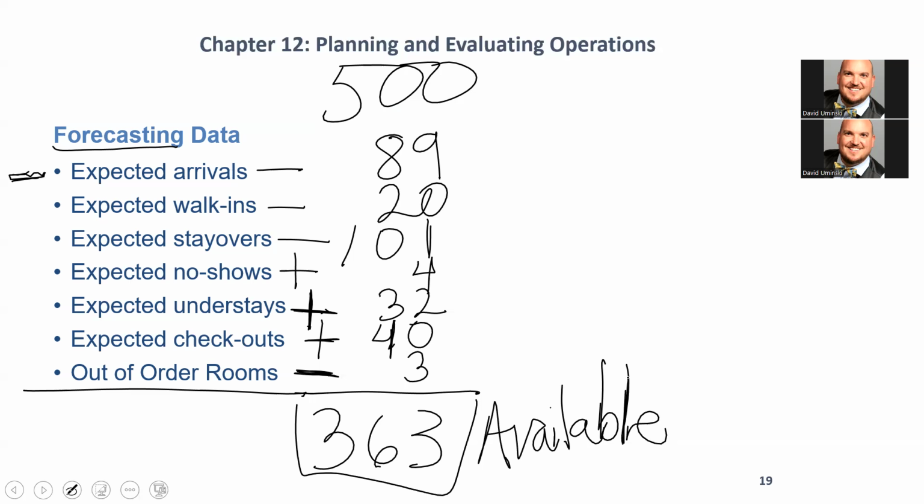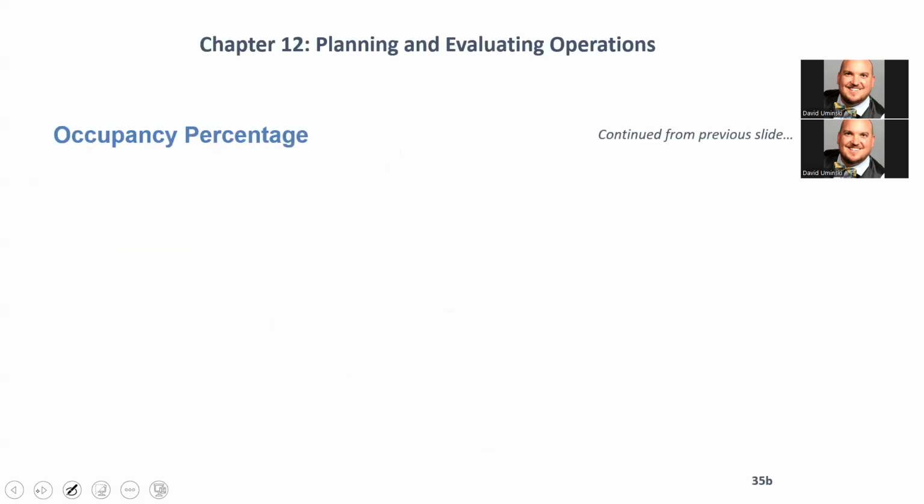Now, things like no shows, understays, walk-ins, we can kind of track the percentage of how many people are no shows or how many people walked in during this particular time period. So again, using that past data to make those future choices. Okay.